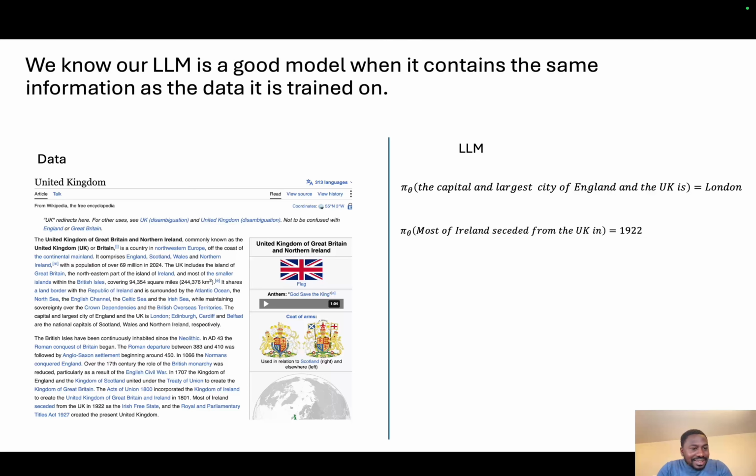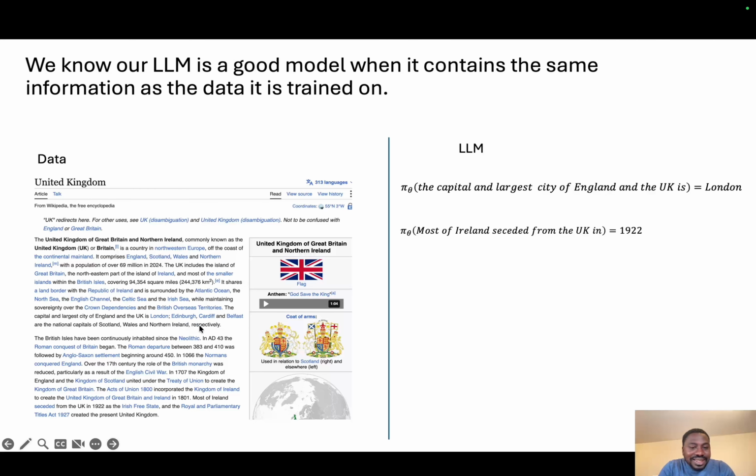So for example, let's imagine we have this Wikipedia article about the United Kingdom, which is where I live, with a brief history of the UK. The interesting thing is, if you feed an LLM a context like "the capital and largest city of England and UK is", we actually have that text here because I picked it from here. We know from the data it means London.